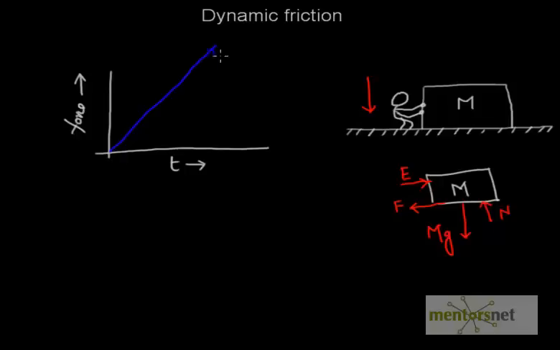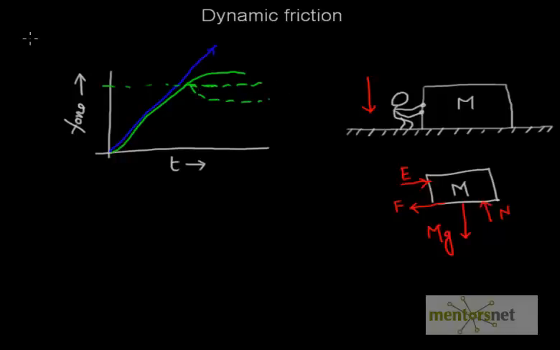So the effort in this case is increasing linearly, and what we experimentally observed is that the friction generated, which is depicted by the green line, follows this blue line till a certain point, and once it has reached a certain threshold, these two lines diverge. So they can either diverge like this, or like this.